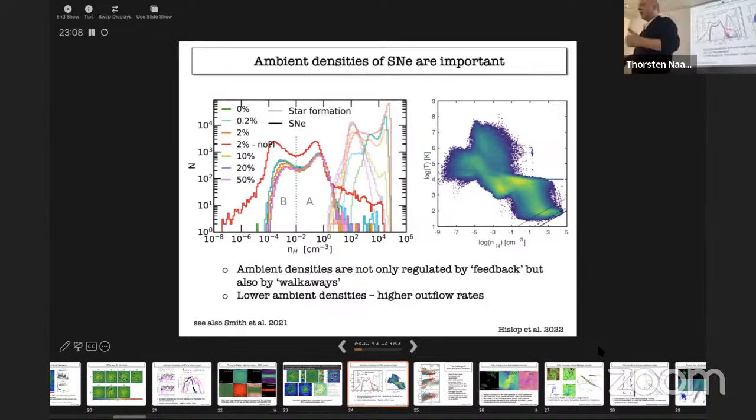We started out thinking about a Schmidt-type star formation, so star formation is proportional to the density over the free-fall time with some efficiency: 0.2%, 2%, 10%, 20%, 50%. We vary this. This is the traditional galaxy formation approach, which has resulted in reasonable values compared to observations.